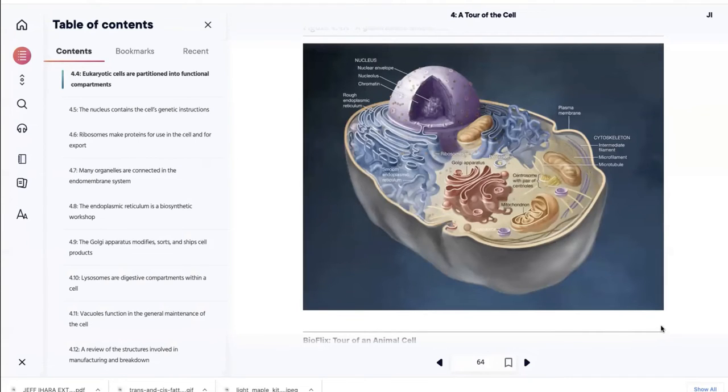Okay, so here is a picture from your textbook showing your prototypical eukaryotic cell: nucleus, nuclear envelope, nucleolus. You've got ribosomes out here, then rough ER, smooth ER, Golgi, mitochondria.